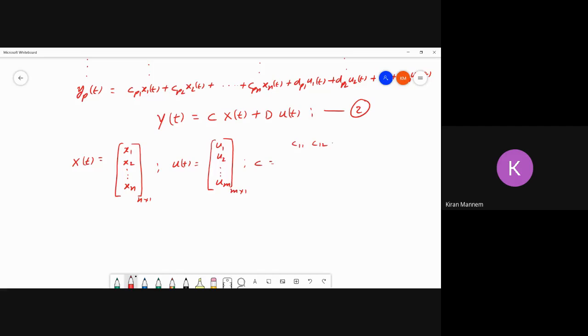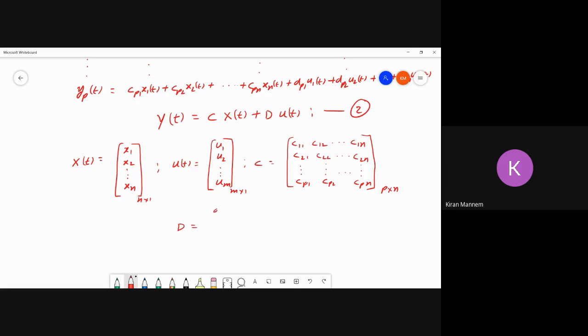C11, C12, C1n, C21, C22, C2n, up to Cp1, Cp2, Cpn, which is a p by n matrix.